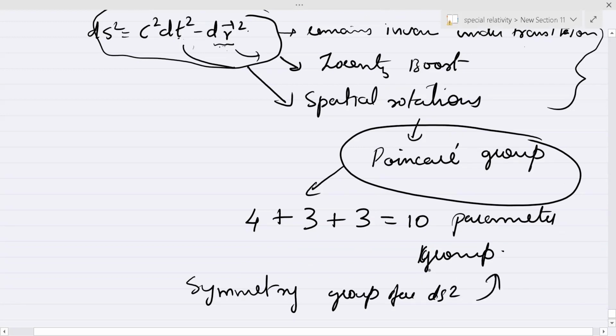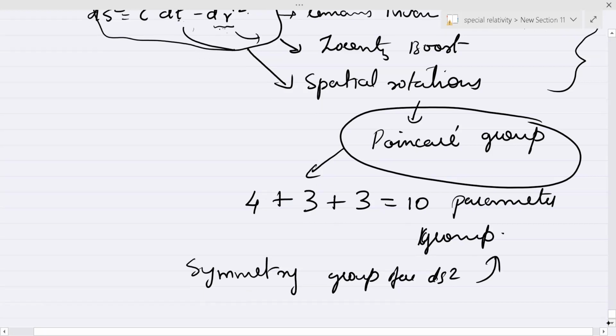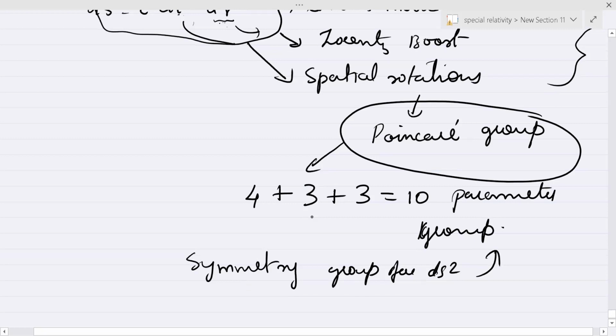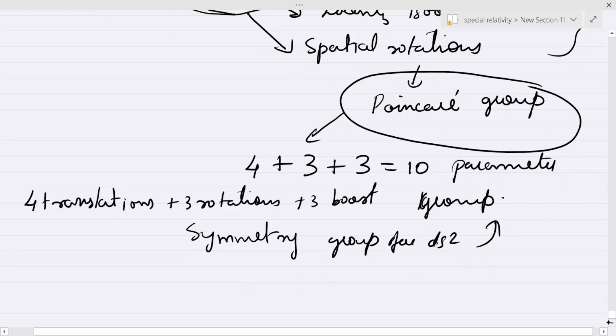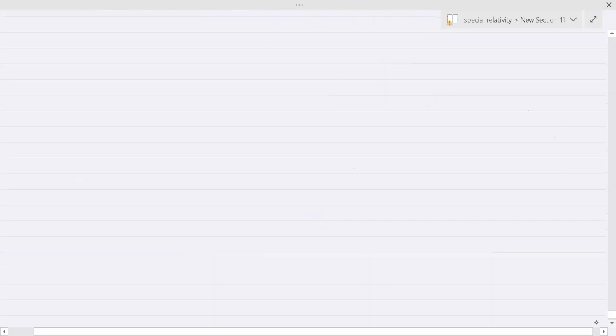It's a 10 parameter group because there are 4 independent parameters for translations, 3 rotations, and 3 boosts. When you study mathematical physics, you may or may not come across this, but it's an example of a group.